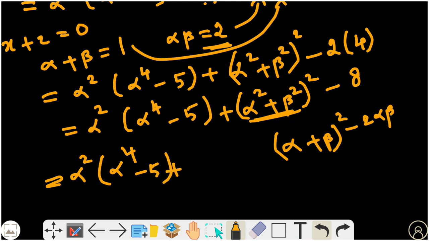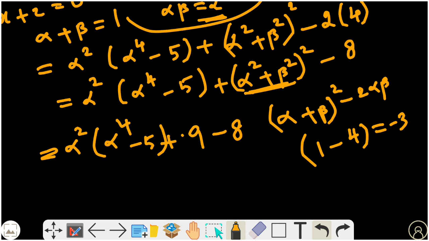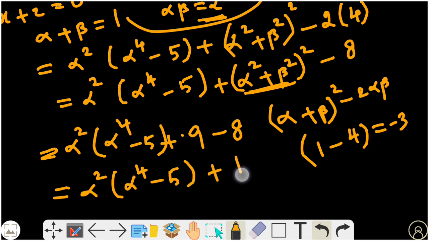So what is alpha plus beta? Alpha plus beta is 1, minus 2 twos are 4, so 1 minus 4 is minus 3, so minus 3 the whole square, now you will get 9 minus 8, and then alpha square into alpha power 4 minus 5 plus 1, because 9 minus 8 is 1.